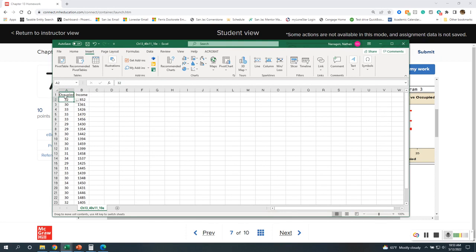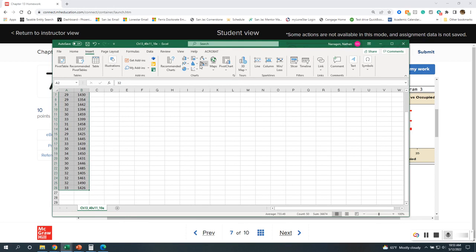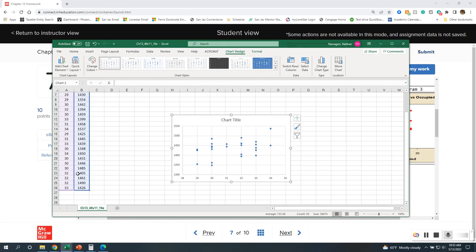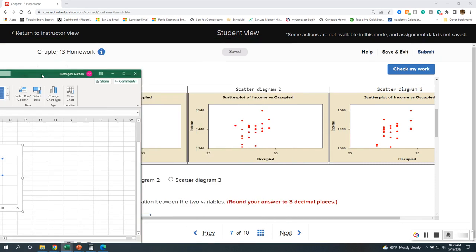Make sure we highlight everything. Okay. And scatter plot. Okay, they actually had it switched. We fixed it. So now we can actually look.